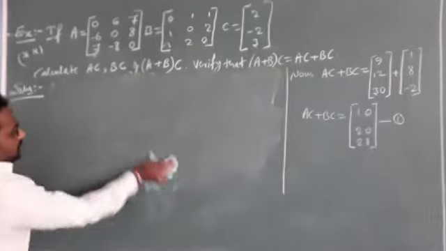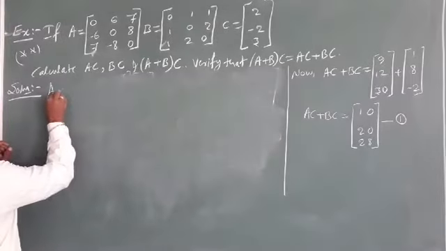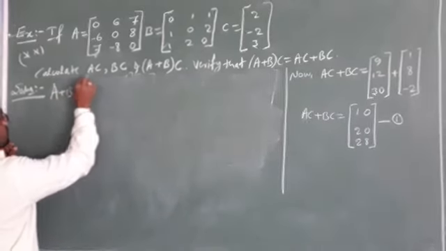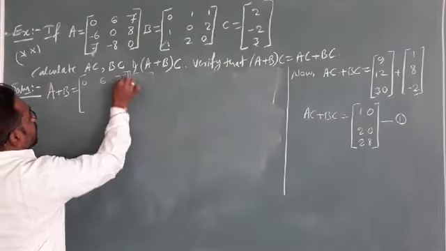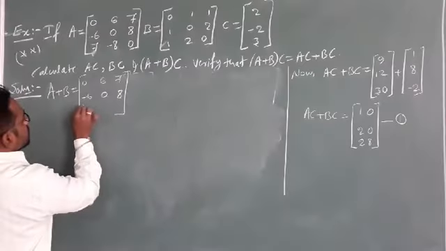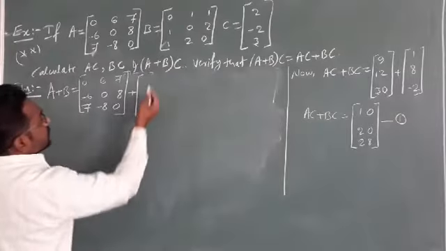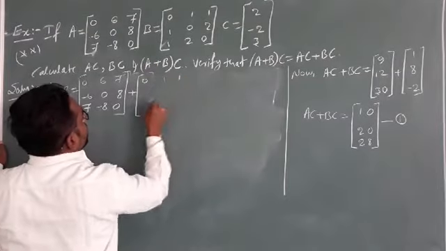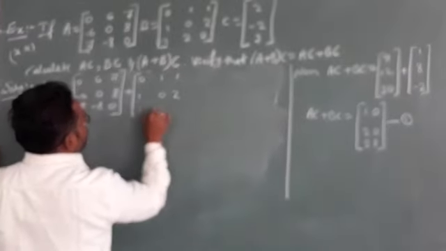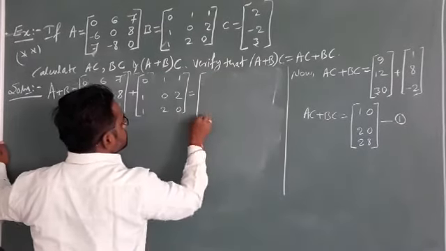So A plus B into C. First find A plus B. What is the result? 0, 6, 7, minus 6, 0, 8, 7, minus 8, 0 plus 0, 1, 1, 1, 0, 2, 1, 2, 0. So what is the result here, students?